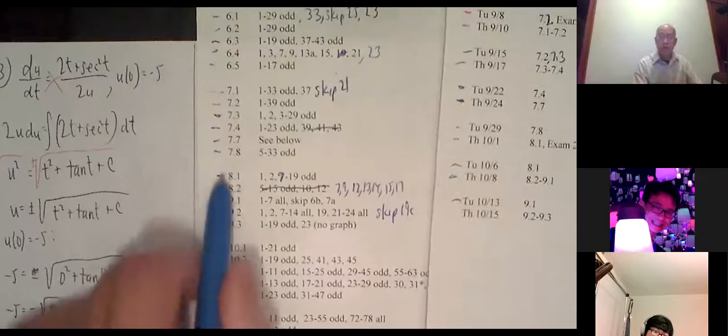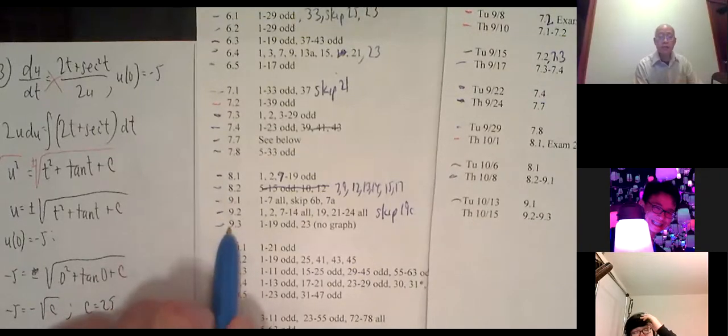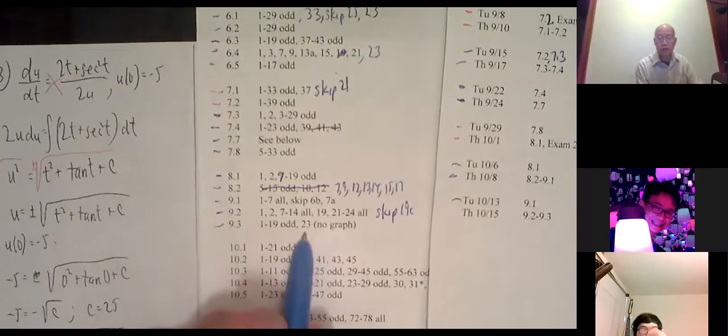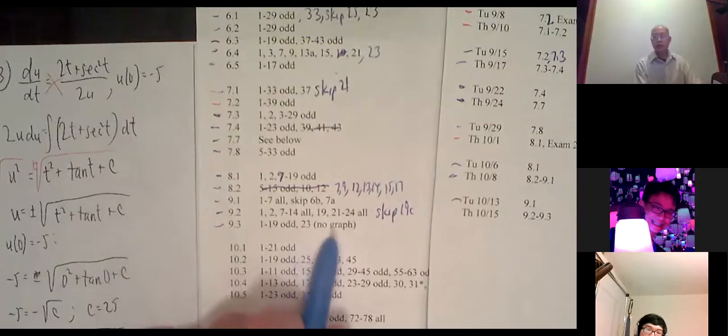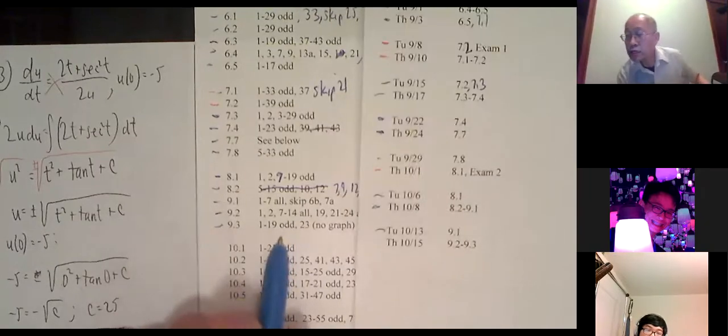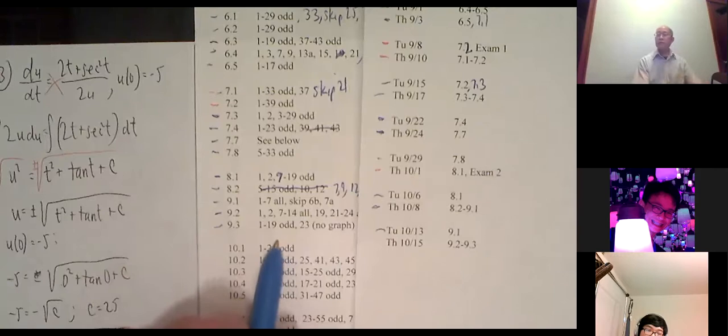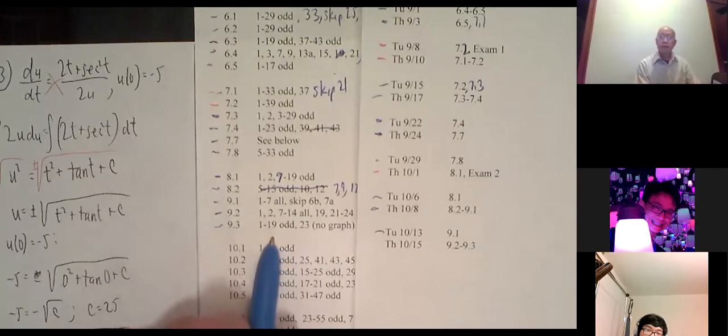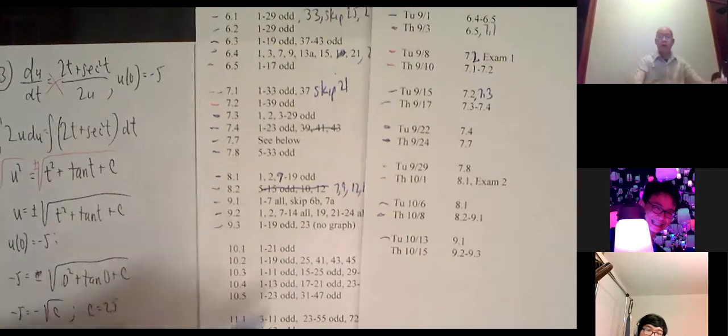I will have completed everything you need to know for the test by tonight, once I finish 23. And it says no graph, don't do any graph, whatever that means, but I'll show you that in a second. Once I do 23, I'm done, and then I'll let you ask questions. It's a little bit after 9 when I'm done with that. The rest of the time I'll let you ask questions. If you don't have any questions, then we're done.